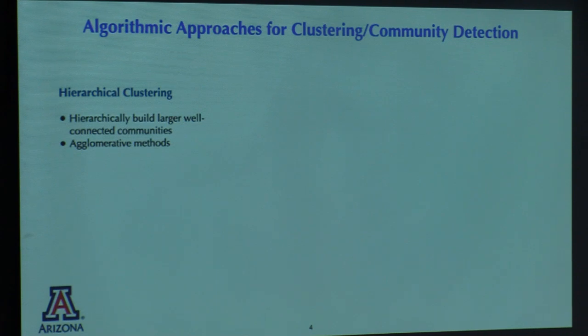So you maybe start with a few seeds and then you build around the seeds and come up in a hierarchical way with a bigger cluster. And depending on how you formulate your objective or cost function, different hierarchical methods lead to different communities and potentially different utility tradeoffs.